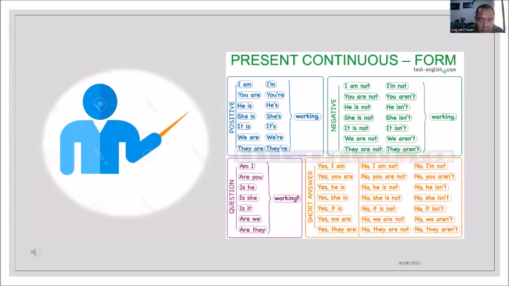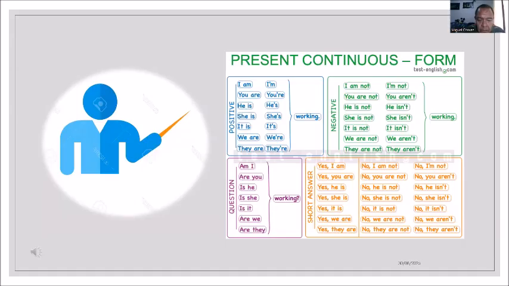Now that we've explored the present simple, let's move on to the present continuous, which helps us talk about actions happening right now or around the current moment in time. This tense is especially useful when describing temporary situations, ongoing actions, or things happening as we speak.